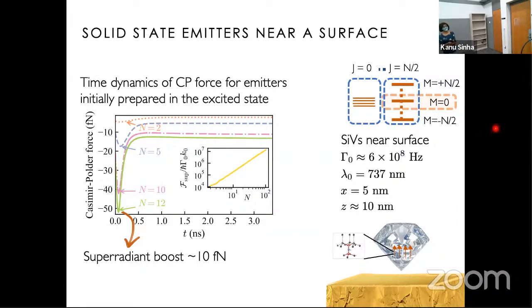And this force burst can possibly be observable for a system of, let's say, 10 to 12 emitters acting cooperatively. So one can get a boost that is as large as 10 femtonewtons for some realistic numbers, I'm told. And this could possibly be measured in the lab as a proof of principle experiment.